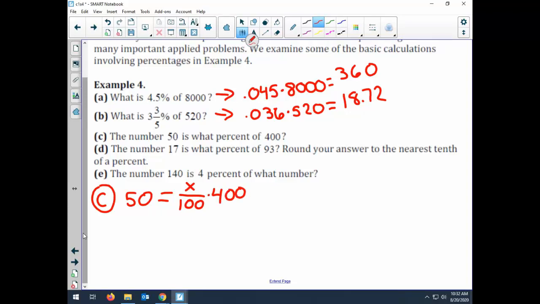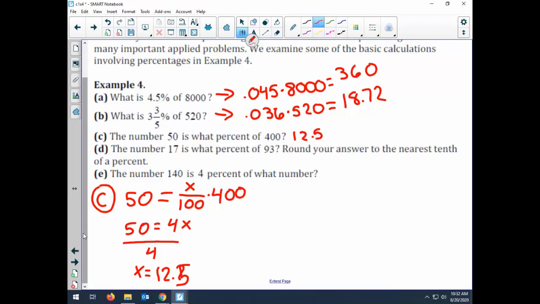So that's the percentage, x over 100. So now we could do 400 divided by 100 and get 4x equals 50. And then we can divide both sides by 4. And we get 12.5, so that would be 12.5%.